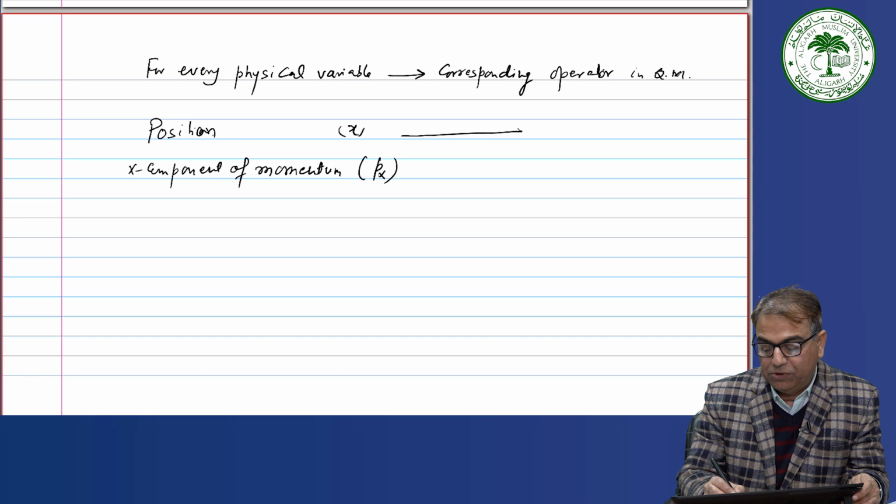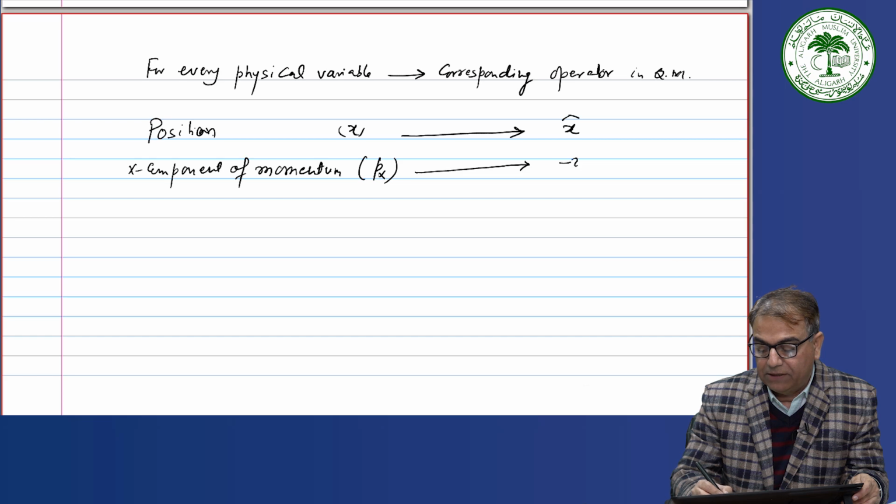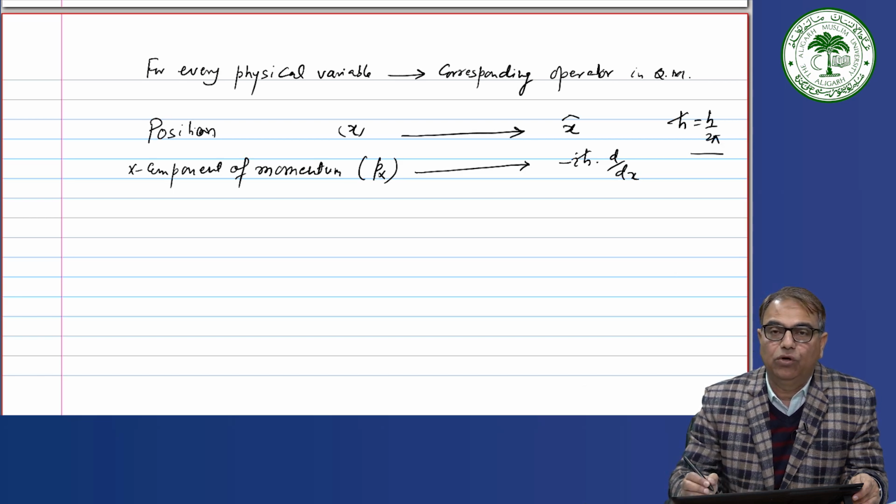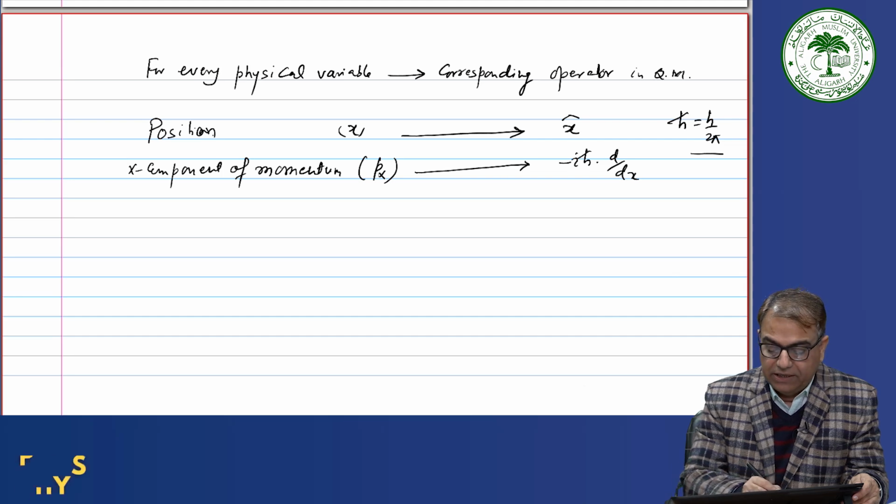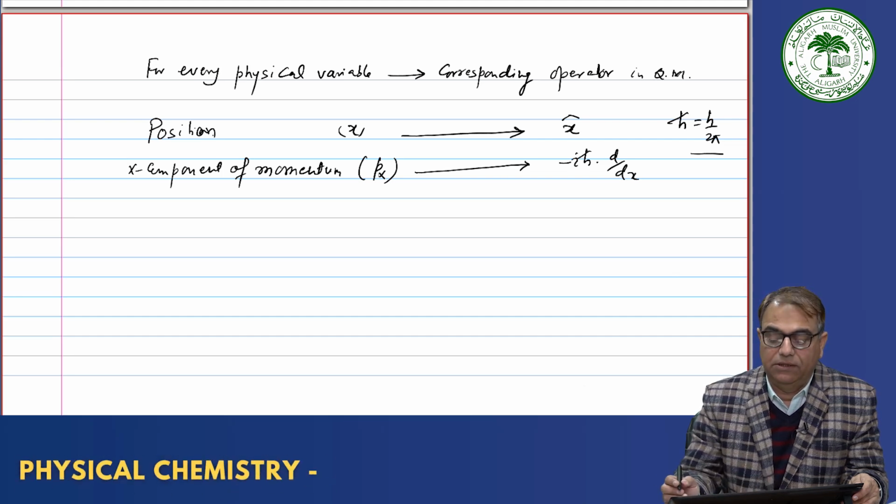So, corresponding to position we have an operator x, and corresponding to momentum in quantum mechanics we have an operator minus i h cross d/dx. H cross is actually h divided by 2 pi. So, these two operators I have written for the x component of momentum and for position.